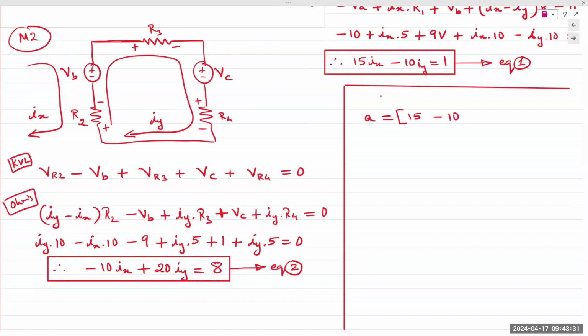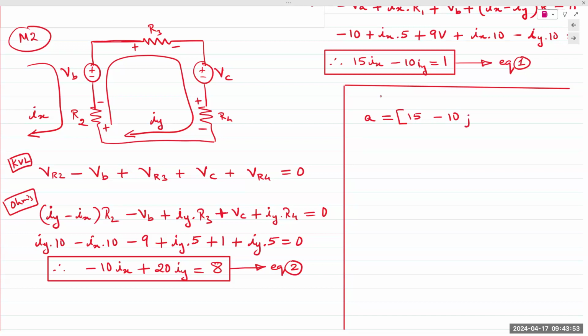So in MATLAB, all you're going to do is define a variable. Let's call it A. A doesn't have anything to do with the VA. Okay, so it's just a random variable. A equals, square bracket, 15 times Ix, minus 10 times Iy. So enter both the constants with the space in between, and that's it.